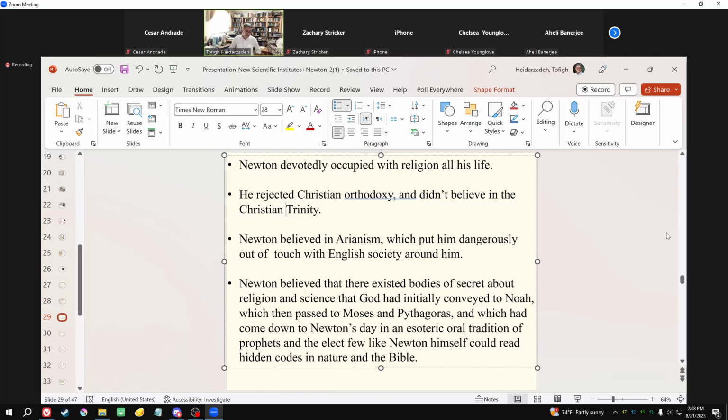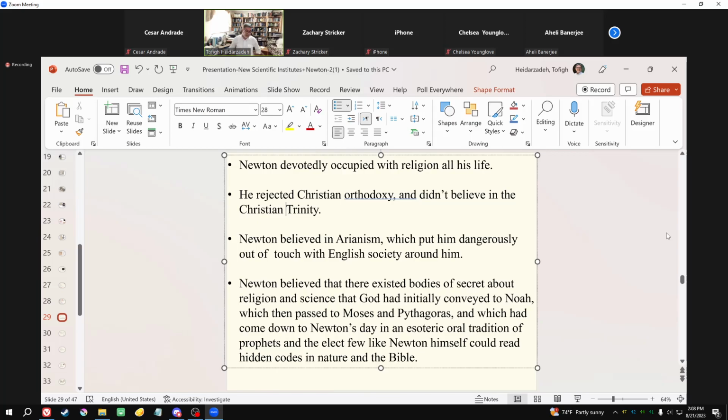So they believed that all ancient sages and prophets, like Moses, like Pythagoras, had a better understanding of everything. They knew about all these things. And then we have to go back and decipher the truth of different aspects of this creation through their writings.